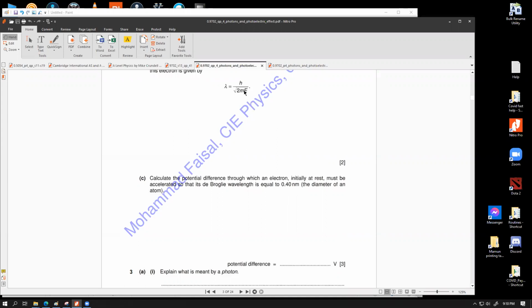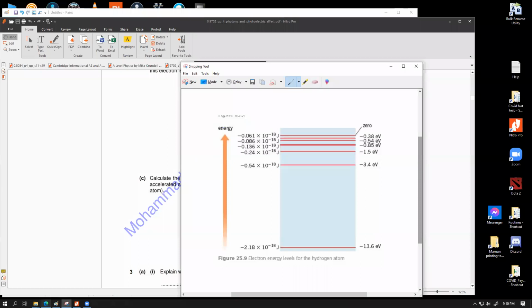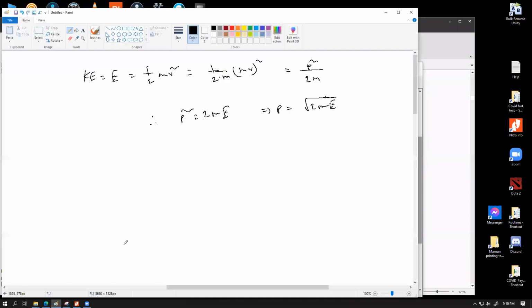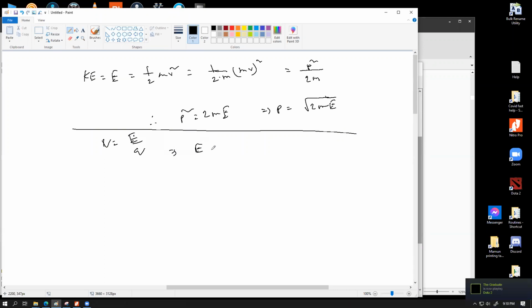So here we have to replace the E with some version of voltage. The basic definition of voltage is V equals E by Q, energy over charge. So E equals VQ. In this equation, we're going to replace the E with VQ.